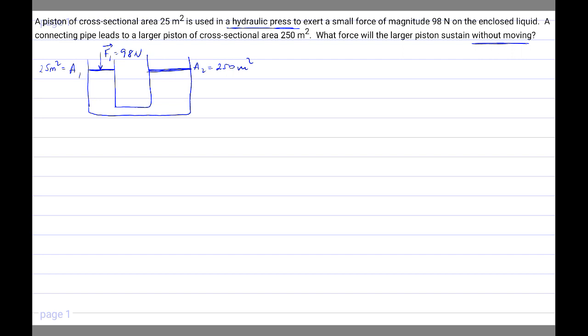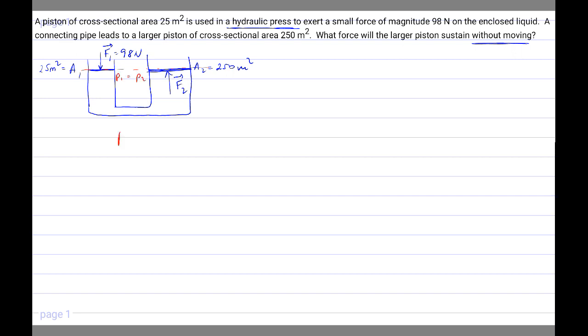So I'm going to draw force F2 here. And we know that at this height, there will be the same pressure. So pressure 1 is equal to pressure 2.